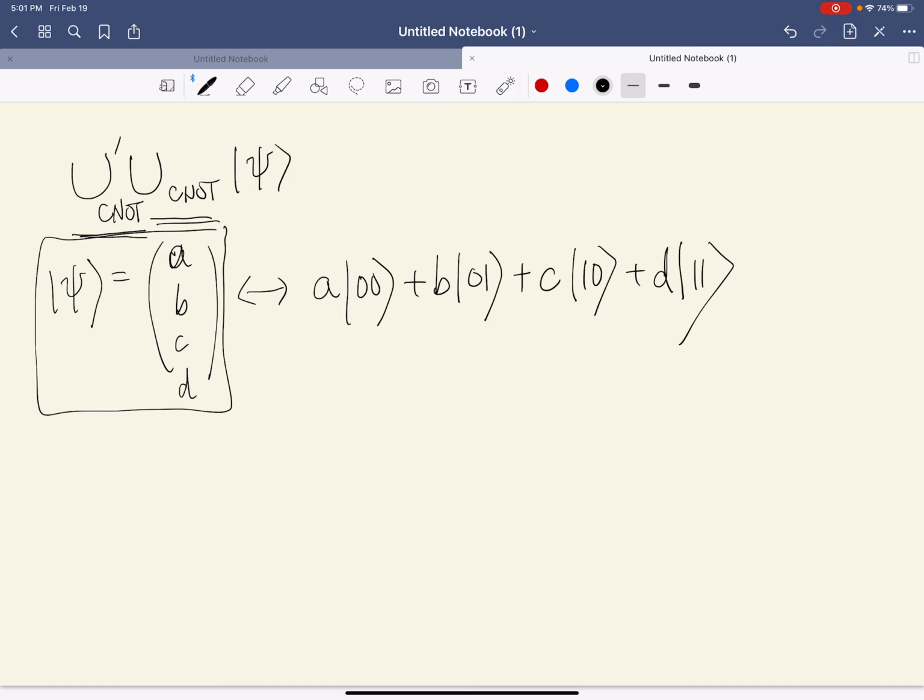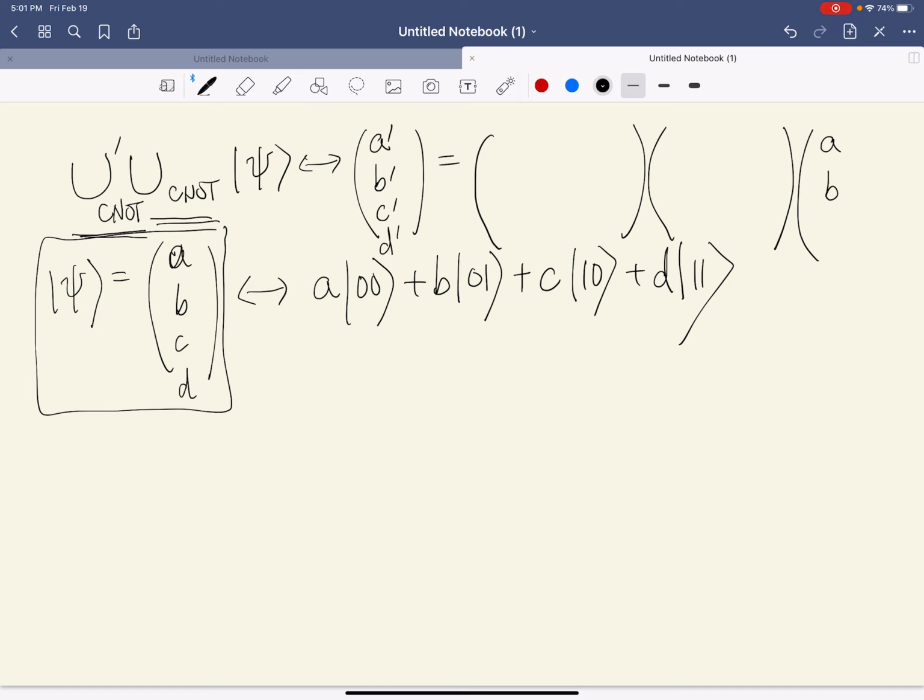Then the result can be represented as some new column vector with coefficients a prime, b prime, c prime, d prime, which is obtained by two matrix multiplications on the original state vector a, b, c, d, where these are the matrix elements of the conventional Cnot operator, and these are the matrix elements of the reversed Cnot operator. And both operators in their matrix forms have been written down previously.